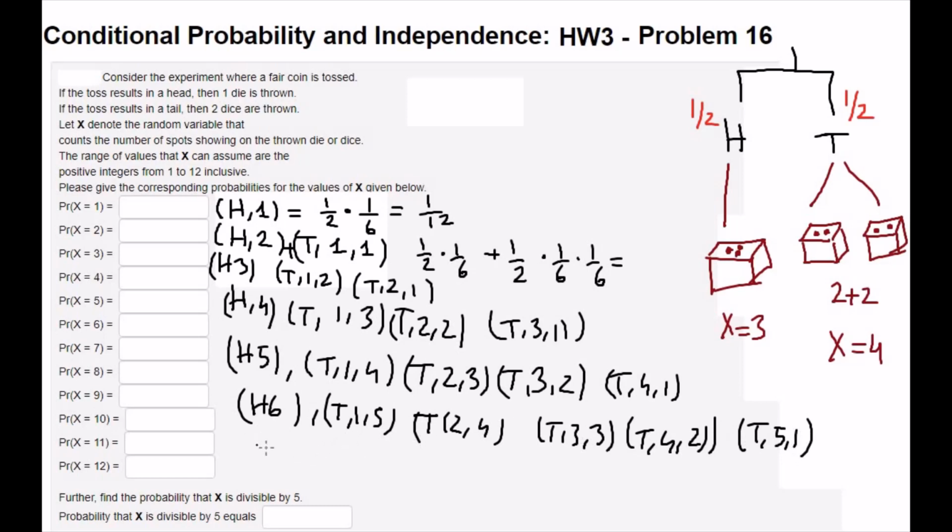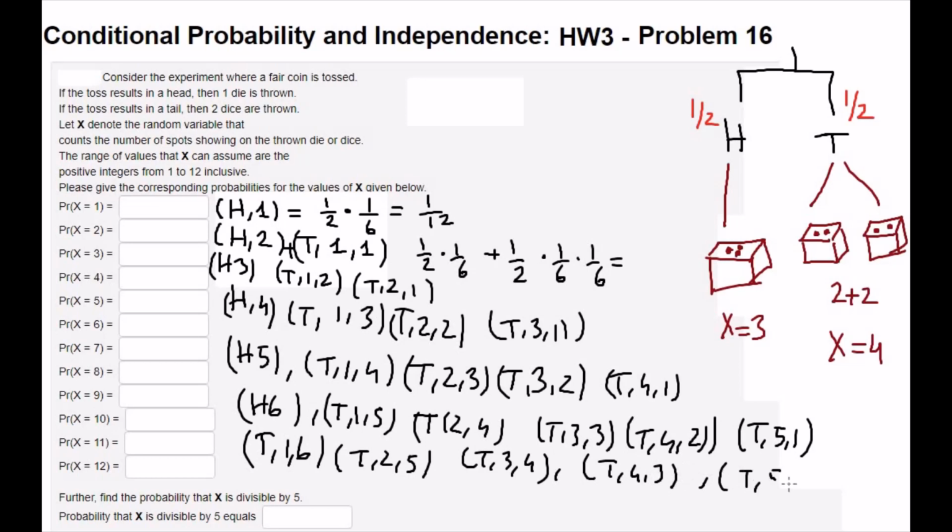For x to be 7, we need tail 1, 6, tail 2, 5, tail 3, 4, tail 4, 3, tail 5, 2, and tail 6, 1.